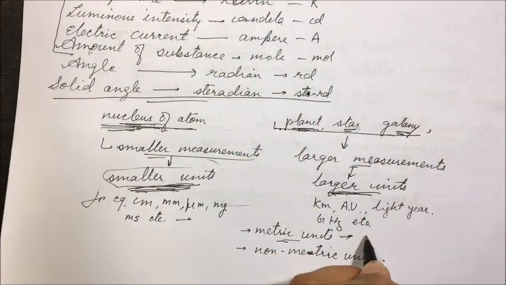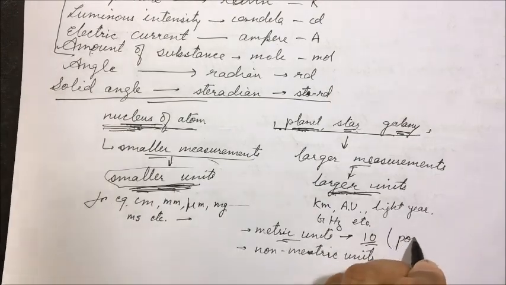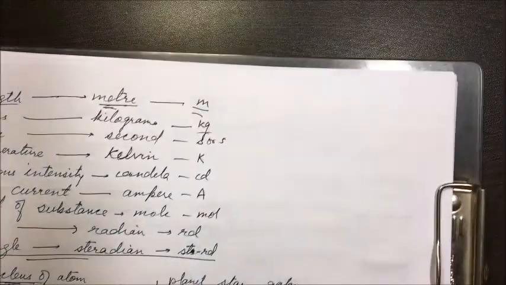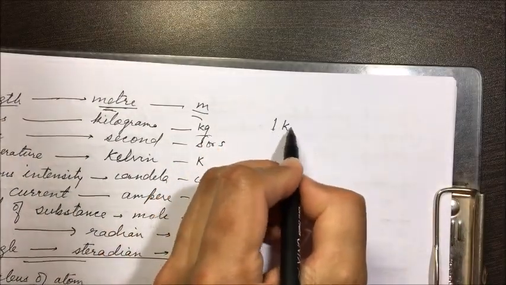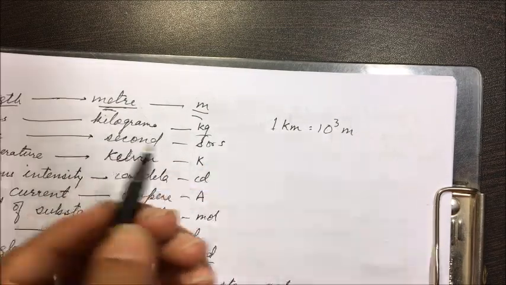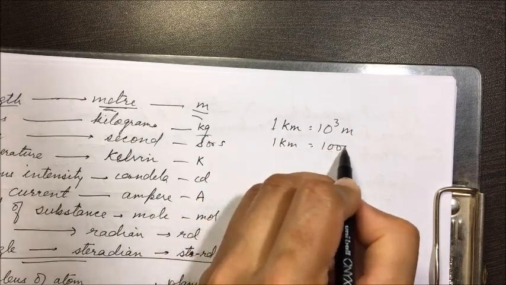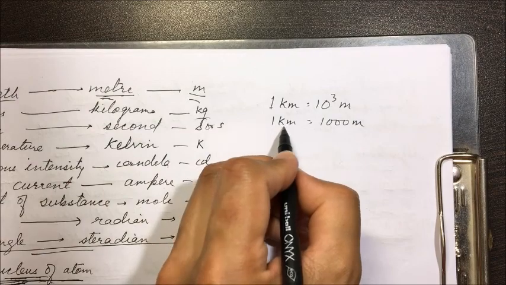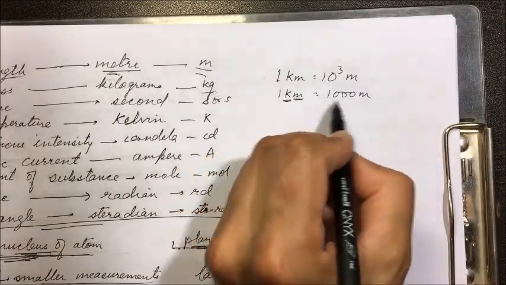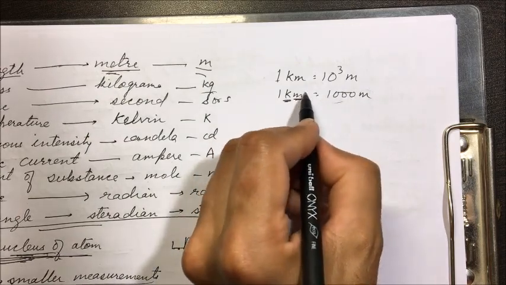For example, 1 kilometer equals 10 raised to power 3 meter. So 1 kilometer equals 1000 meter. Here we have used the prefix k, kilo, with meter, and we have converted meter into the bigger unit kilometer.